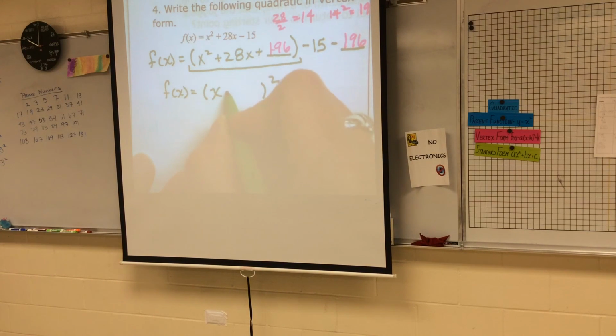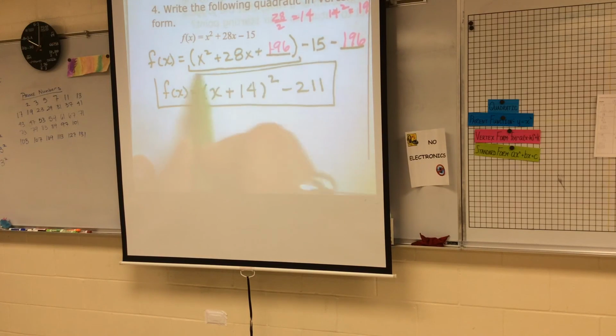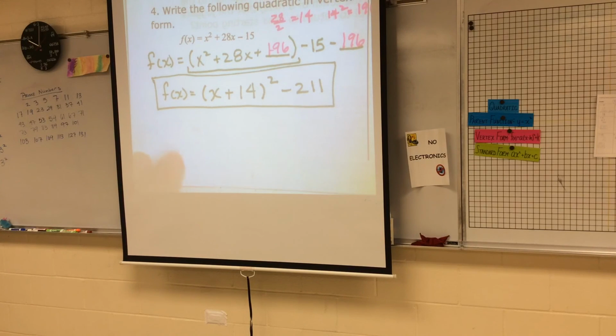X plus, because my b value is positive. And then half of 28 we found was 14, perfect. And then negative 15 minus 196, negative 211. And we're done with this step. This is in vertex form.